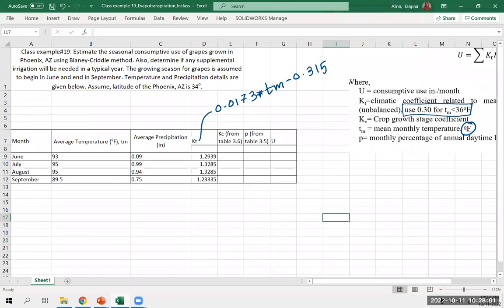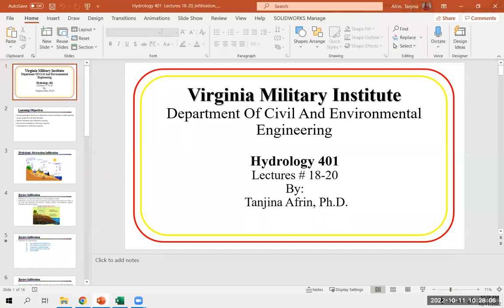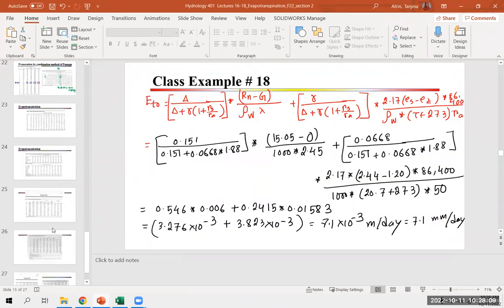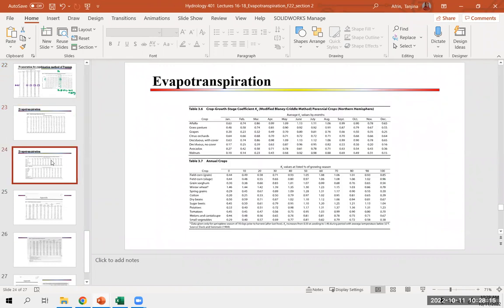So, do you have that pile of tables, 3.1, 3.2, 3.3, that type of table? 3.5, 3.6. So this one is what? Crop growth stage coefficient.